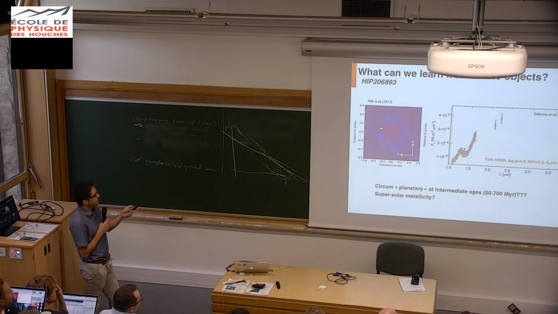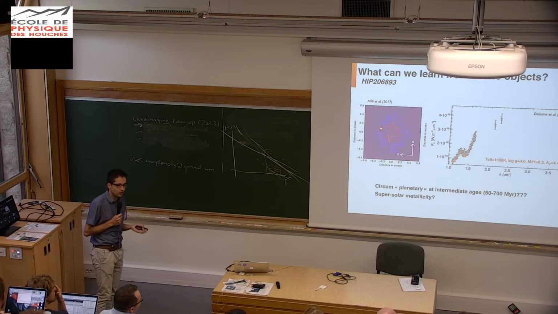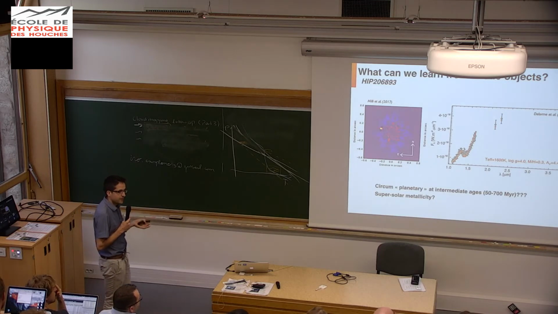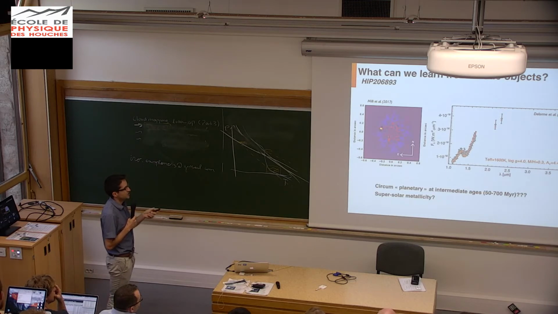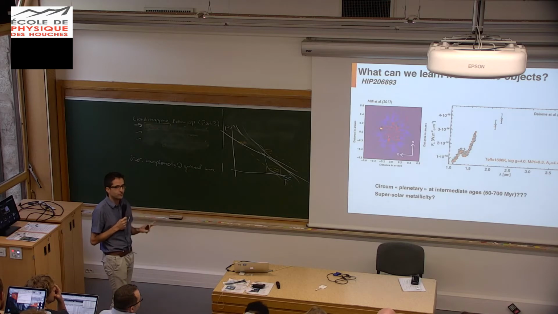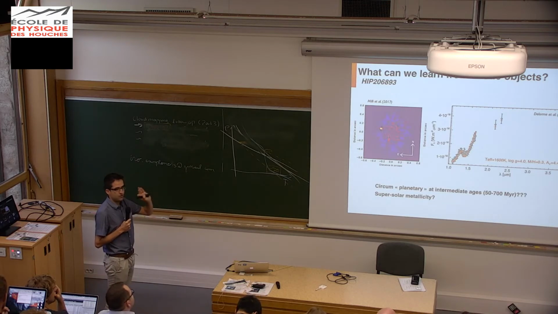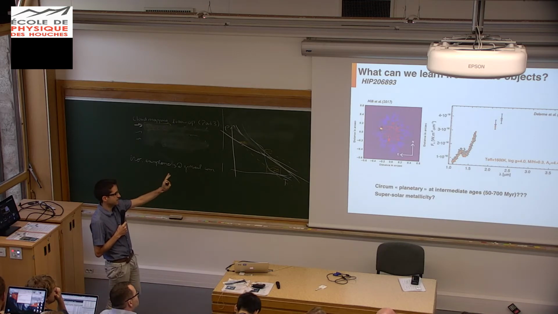Okay, here's another example. That's a very exotic object. It's a relatively old brown dwarf, discovered very close to an F-type star, and actually the spectrum is not matching anything we know. The atmospheric models have trouble reproducing it. We don't know any young brown dwarfs or intermediate-age brown dwarfs or old brown dwarfs that match the colors of this object.